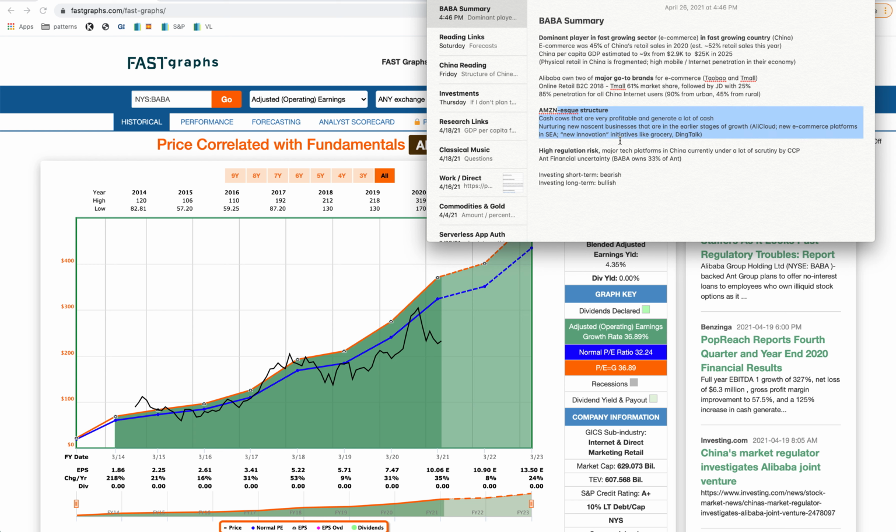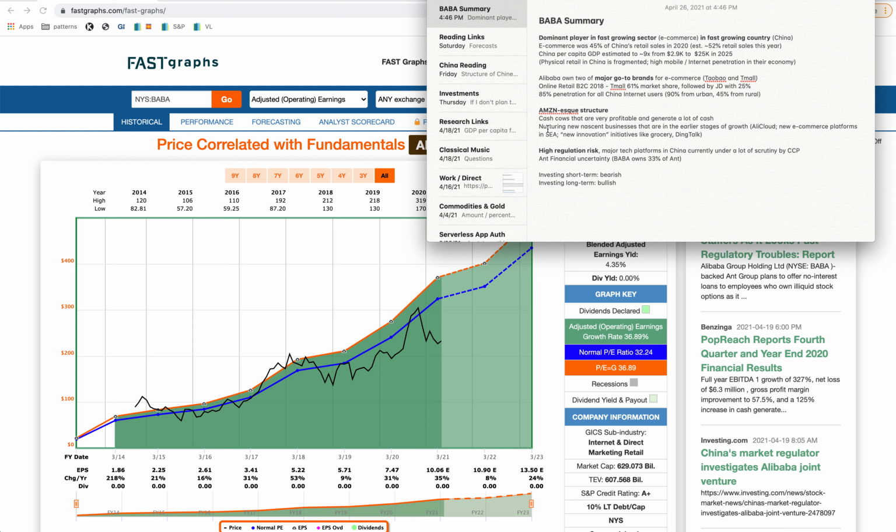Another thing to think about with Alibaba is that in some ways they have an Amazon-like corporate structure, where they've got these cash flowing businesses. In Amazon's case, and also in Alibaba's case, they've got very profitable marketplaces that are churning out money, and a model that really works.